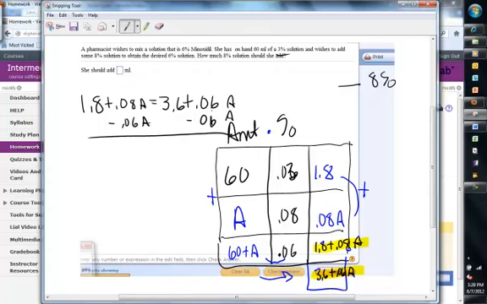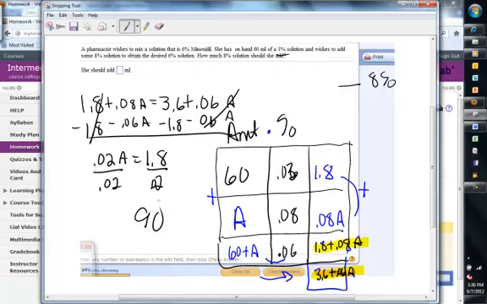So we have to subtract the 1.8 from both sides, and we subtract 0.06A from both sides. And so we'll get 0.08 minus 0.06 is 0.02A equals 3.6 minus 1.8 is 1.8. Divide both sides by 0.02. 1.8 divided by 0.02 is 90. So she should add 90 milliliters.